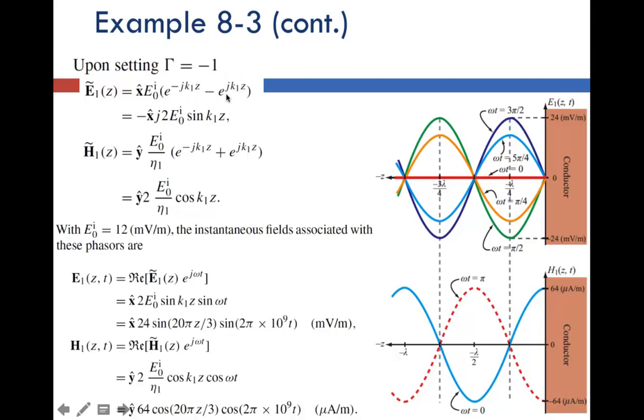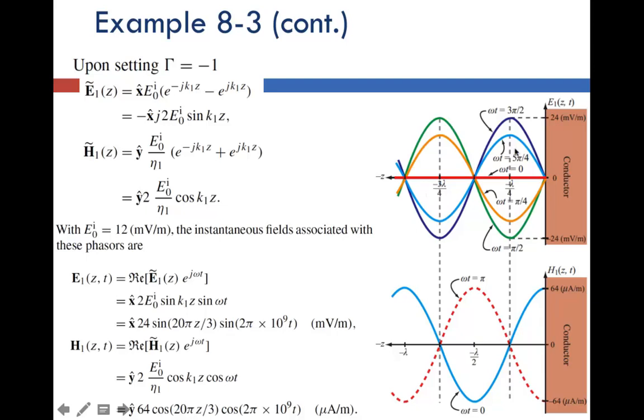So if you look here, you see that this is e to the minus jkz minus e to the plus jkz, and that basically, using Euler's formula, is j times 2 times the sine of kz. And same for H, when we do that calculation and plug in for H, we get the plus sign, and then that gives us cosine of kz.